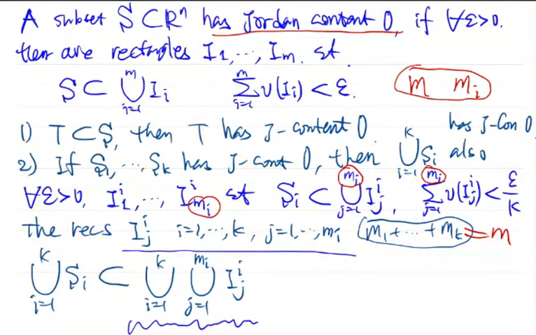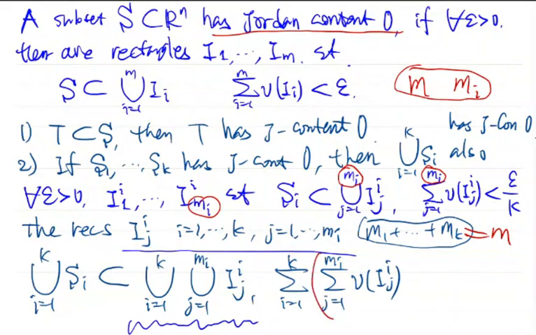Okay, and also the total volume of these rectangles is the sum over i from 1 to k of the sum over j from 1 to m_i. The inner sum is less than epsilon over k.